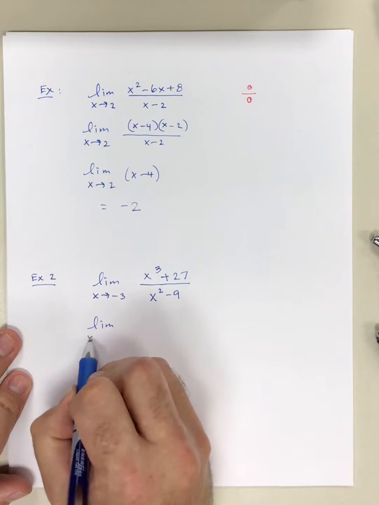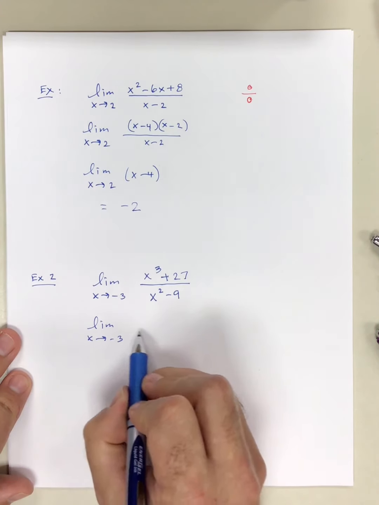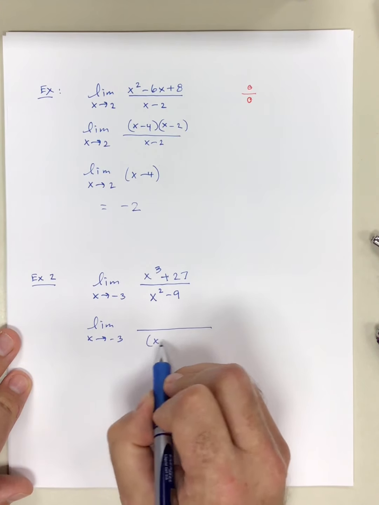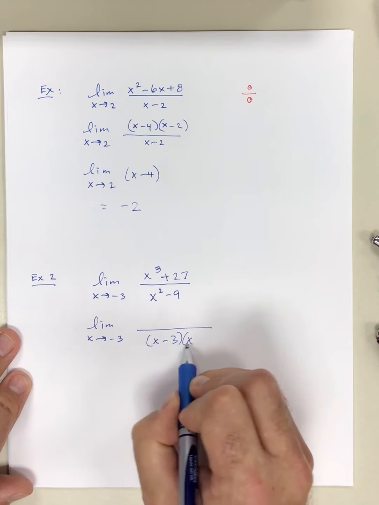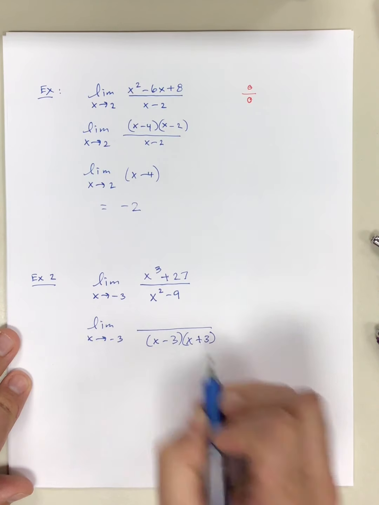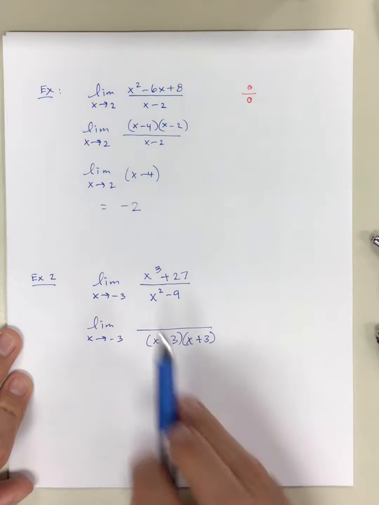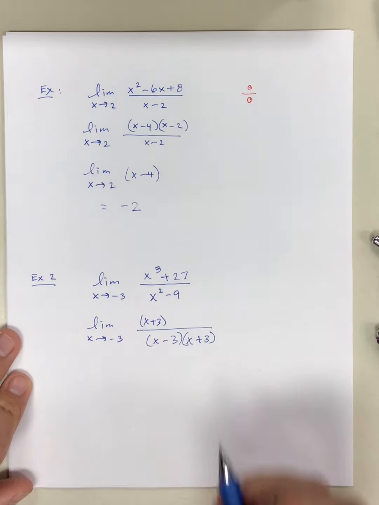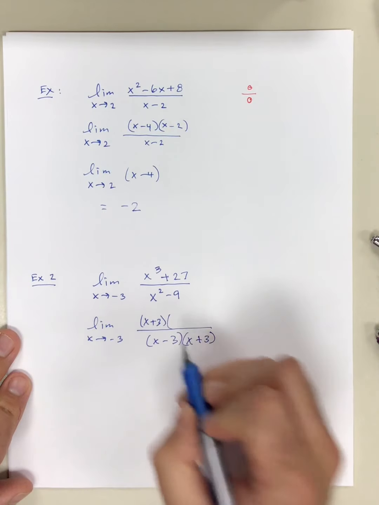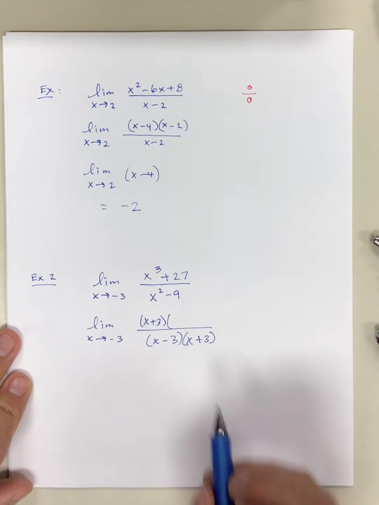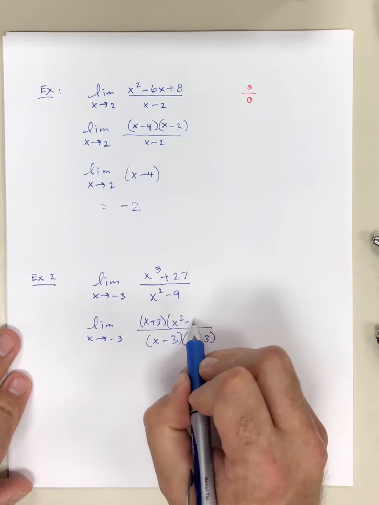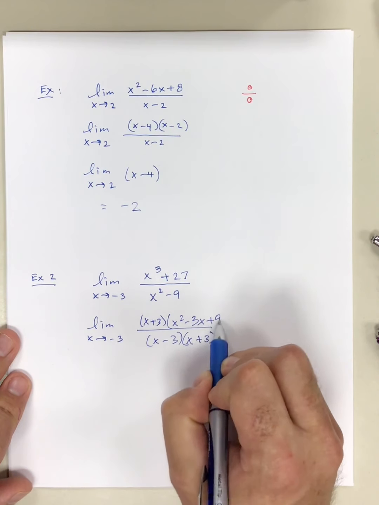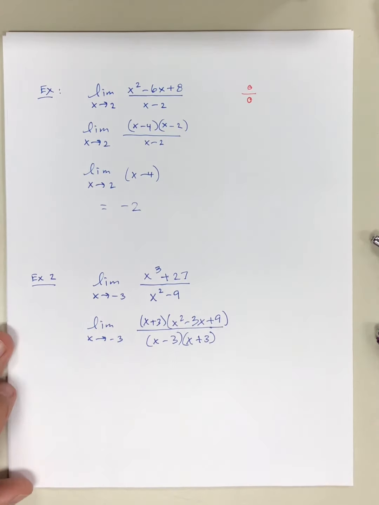Let's go ahead and give that a try. The denominator factors as a difference of squares, x minus 3 times x plus 3. And the numerator has a factorization too. You might need to pause and look up the factorization pattern for sums or differences of cubes. But I'm just going to go ahead and throw the result in there. That's x plus 3 times x squared minus 3x plus 9.